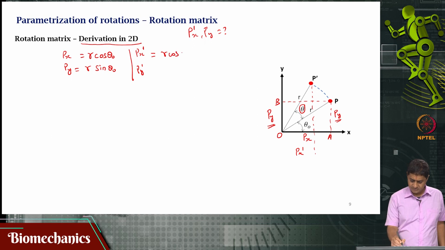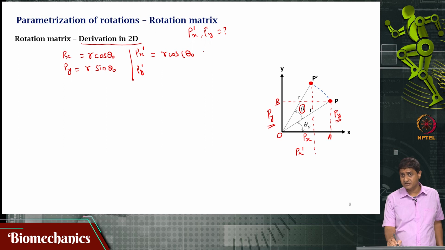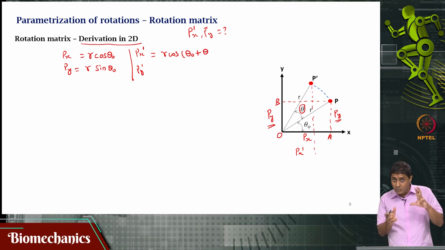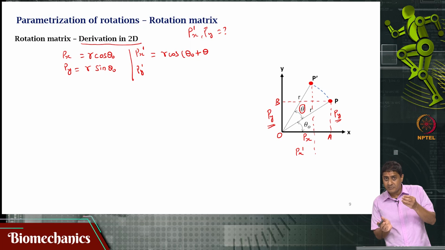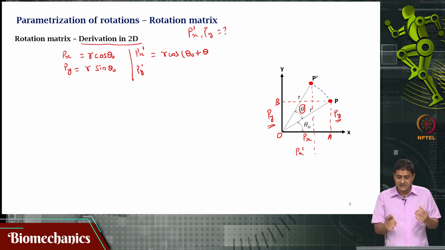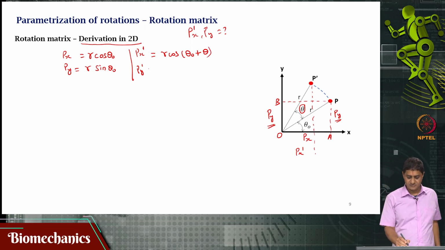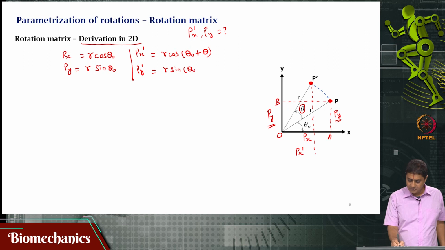By the same logic, because this is forming the adjacent side of the right triangle, this will be r cos of theta naught plus theta, because there is one more theta, because the rotation has happened by a value of theta. Py dash likewise is r sin of theta naught plus theta.